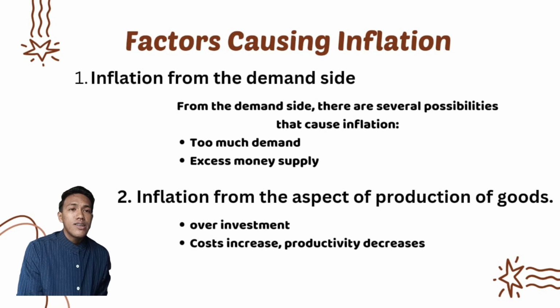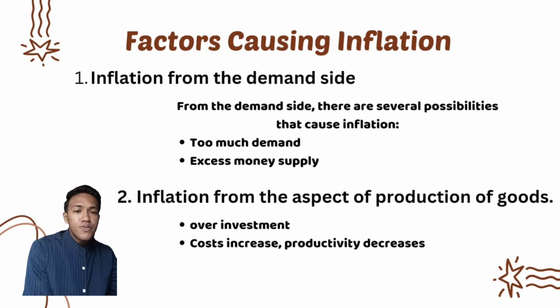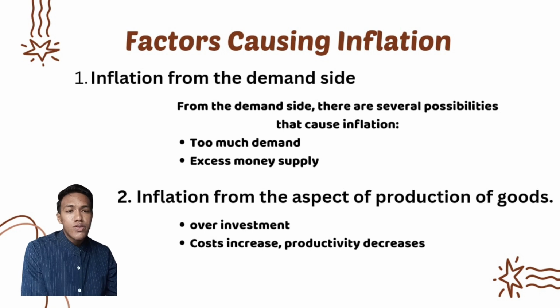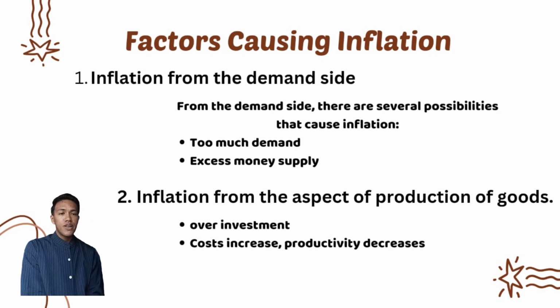For the second main factor that causes the inflation, it is inflation from the aspect of production of goods. So look at the first point, which is over investment. The entrepreneurs are racing to start new enterprises.